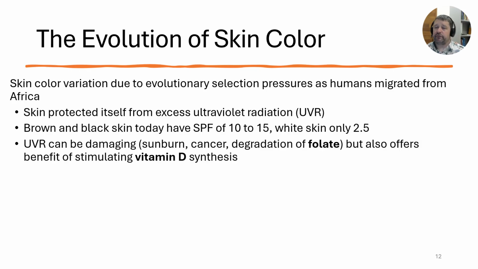But there's a flip side to the coin, right? That ultraviolet radiation stimulates vitamin D synthesis. Okay, so vitamin D is really important for strengthening bones, for bone synthesis. So on one hand, you want to allow ultraviolet radiation to penetrate the skin so it can stimulate the synthesis of vitamin D. On the other hand, you don't want UV to penetrate the skin because it can cause cancerous cells.